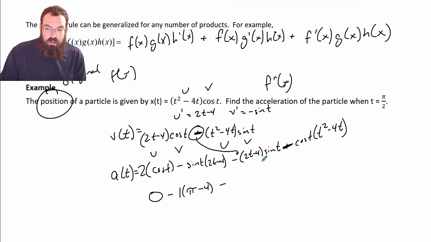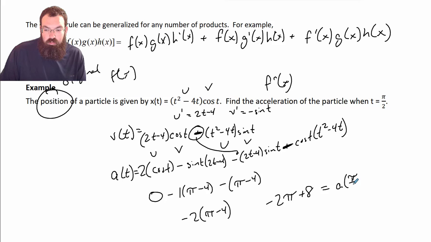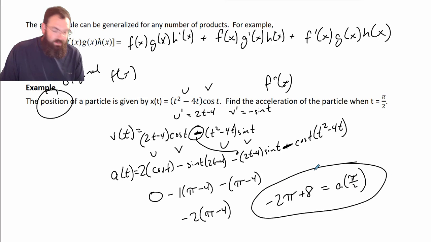Minus, that's pi minus 4 as well, because that's just 1. And then cosine of t is 0. 0 times anything is 0 minus 0, so that doesn't really matter. So we get minus 2 times pi minus 4, or negative 2 pi plus 8, which is equal to a of pi over 2. Okay, that's a lot of work right there.